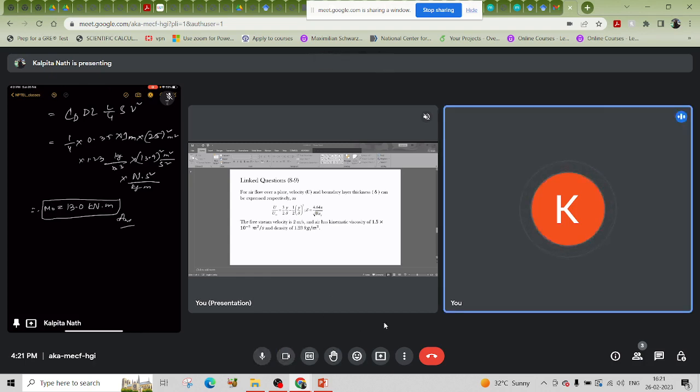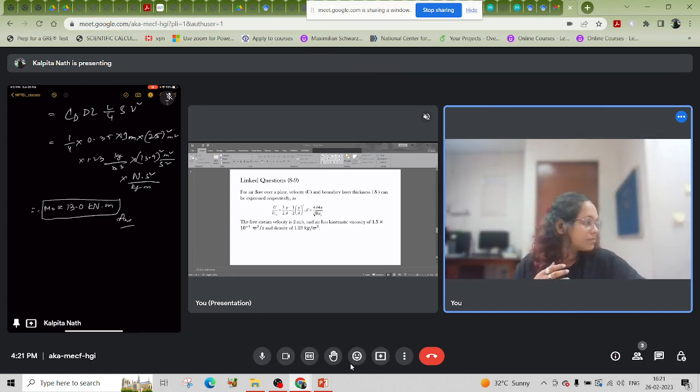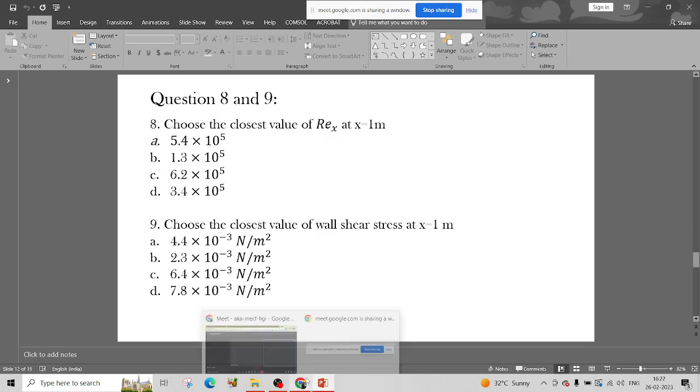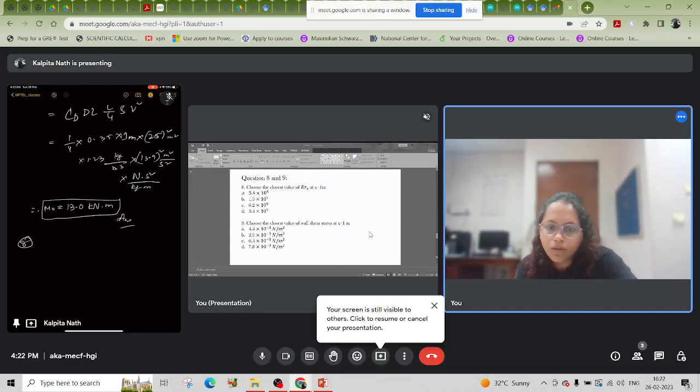Okay, so let us start with the next question solution. So question number 8 first. Okay, so we need to first find out the Reynolds number. Density is given as 1.23 kg per meter cube.